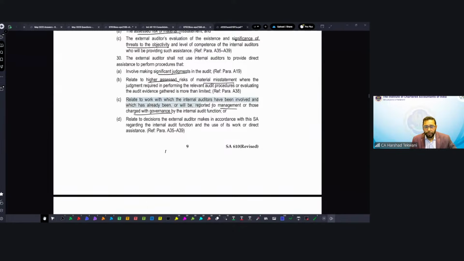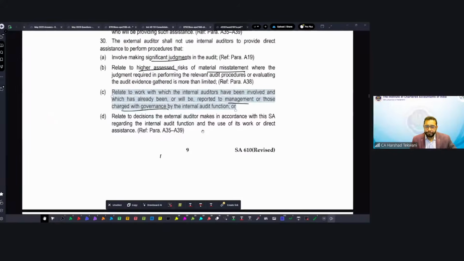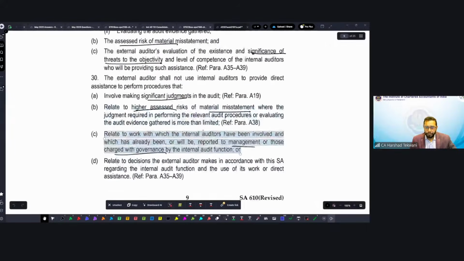This area you are saying? Yes, sir. Okay. See, first of all, related to the higher risk areas, I cannot. Related to the decision that external auditor makes in accordance with the SA, I cannot. Related to the work with which internal auditors have been involved, the thing in which he was already involved, I am asking him to test that for me again.